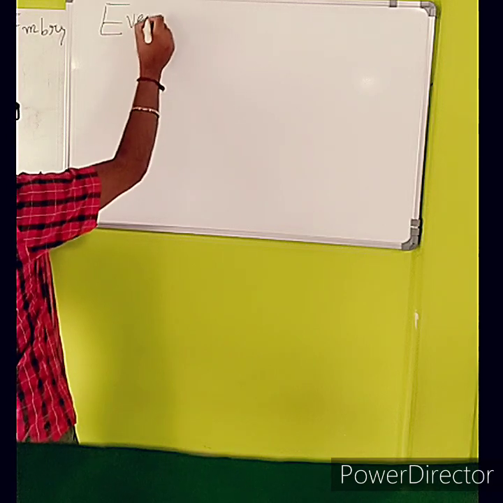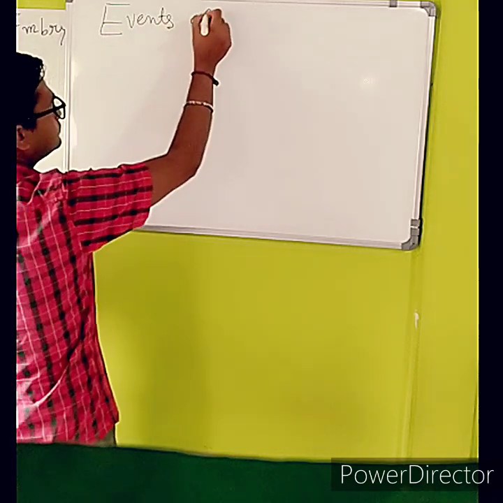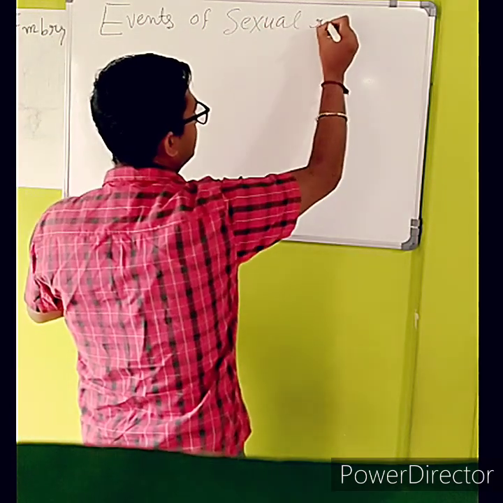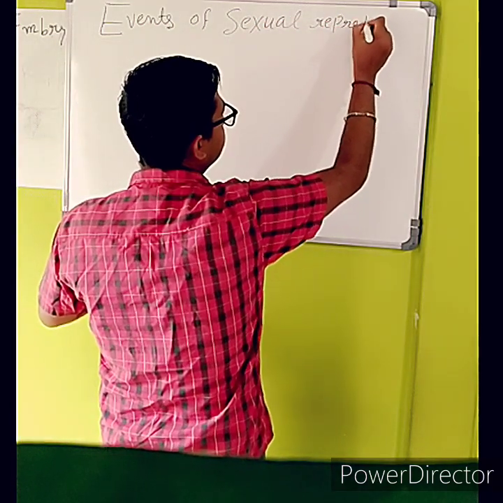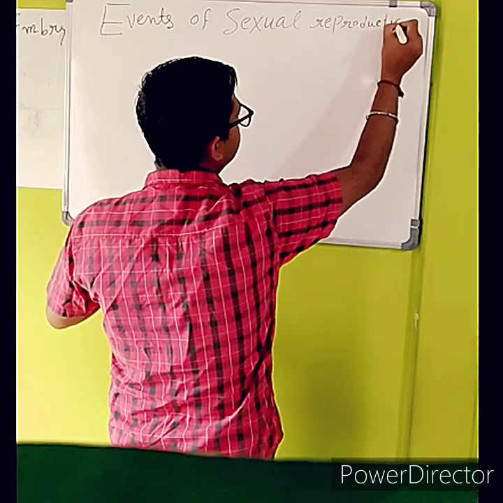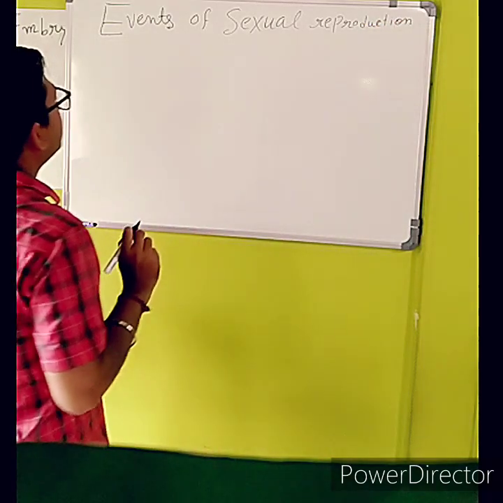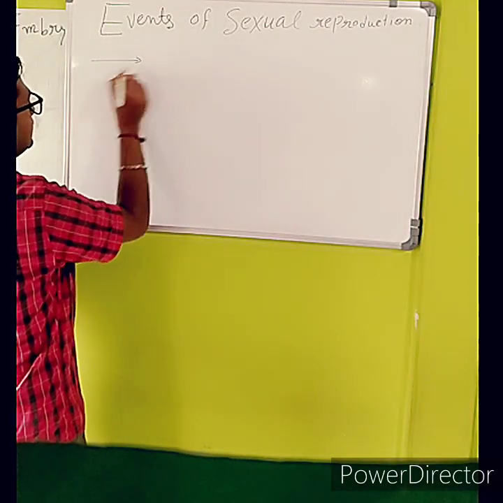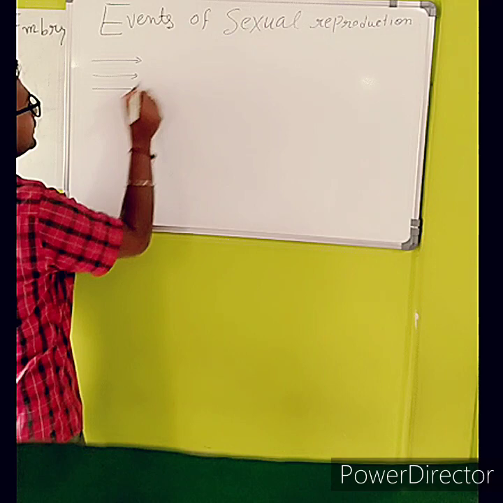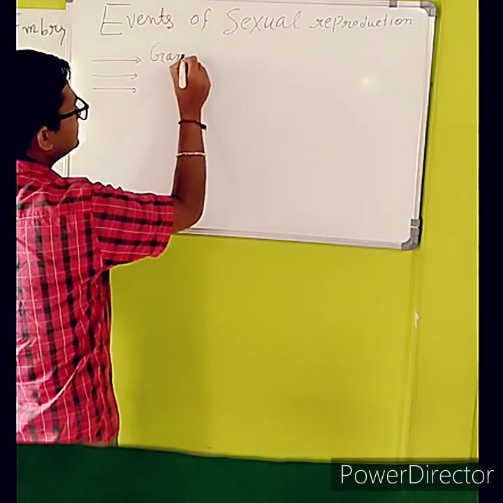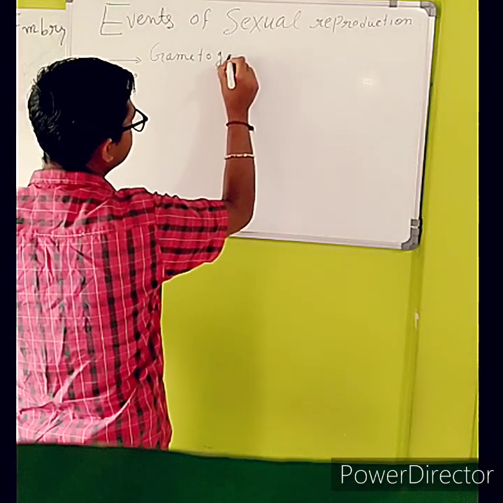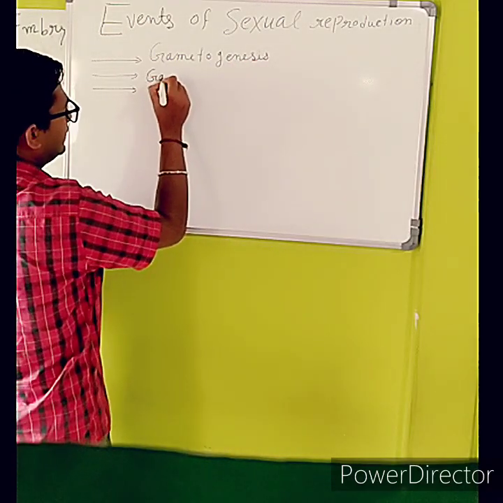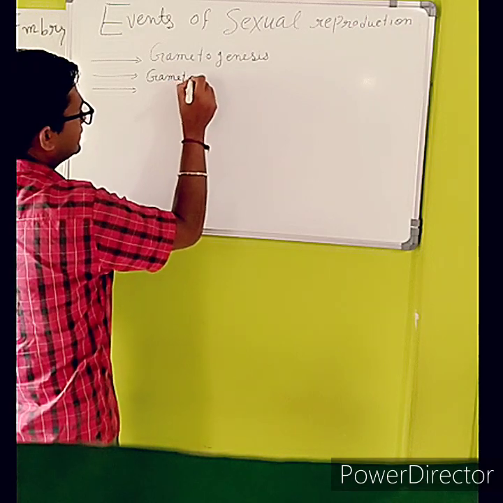Now we are going to discuss the various events that occur in sexual reproduction. Sexual reproduction is a very complex process, and very briefly we can summarize the events into: first, gametogenesis. It is the gamete producing stage of the life cycle of a sexually reproducing organism.